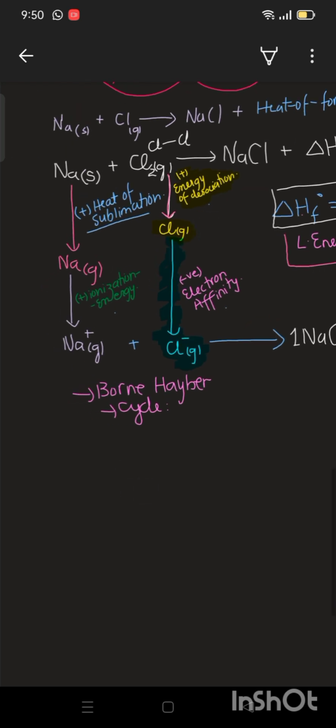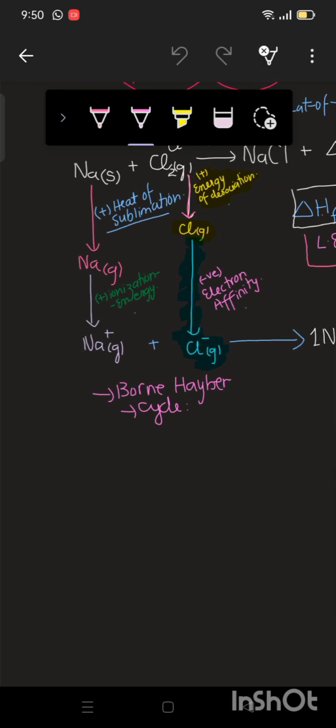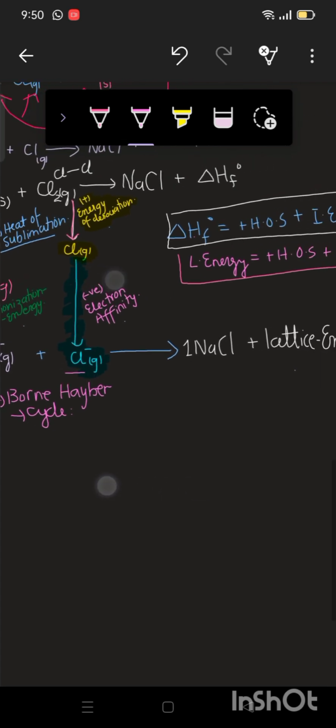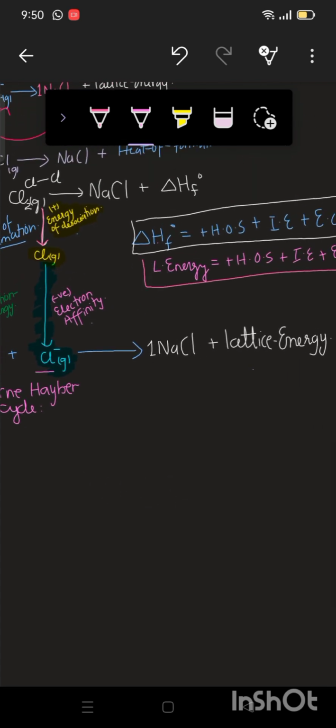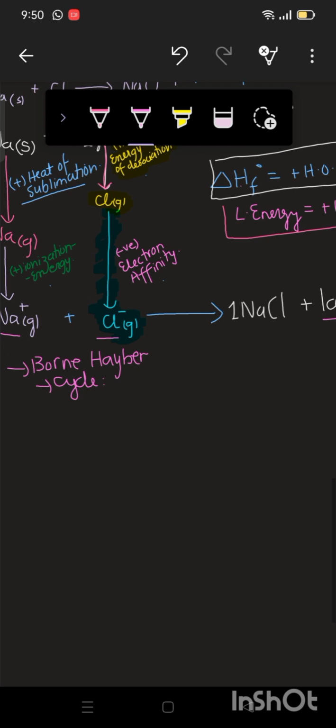So these were reactants in the gaseous form, and in this case the energy which was produced was lattice energy. Today we are going to look at another example, which is MgF2.